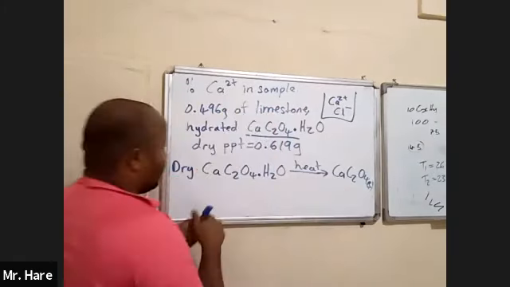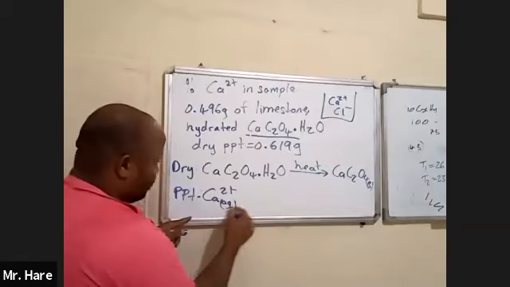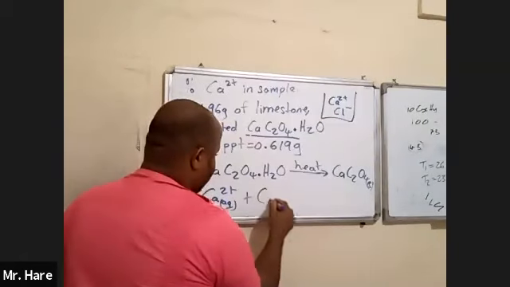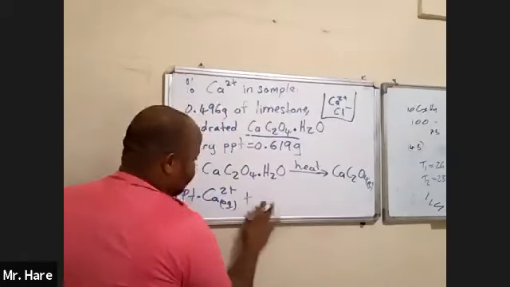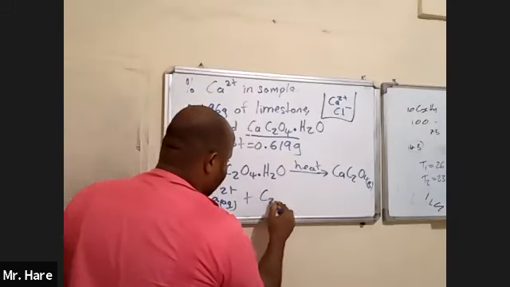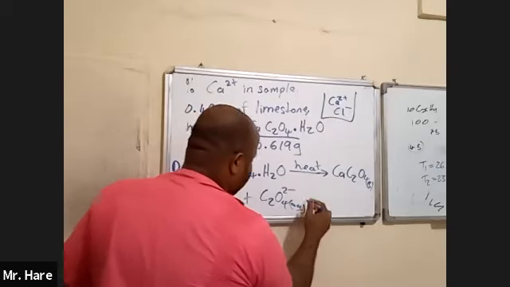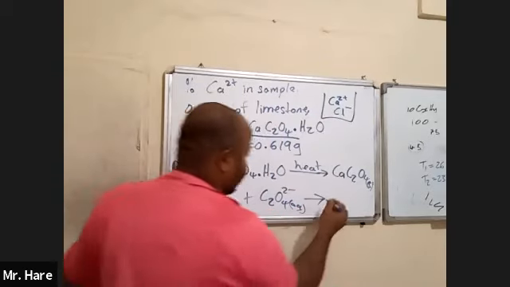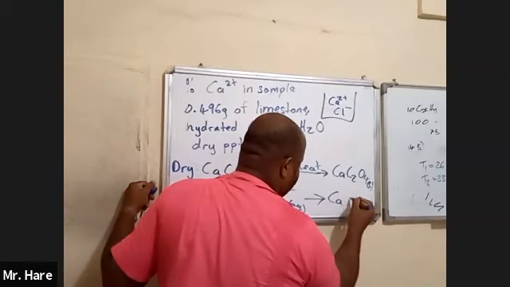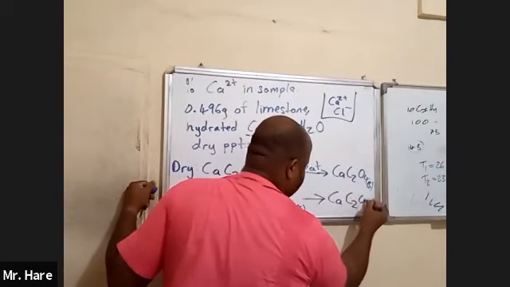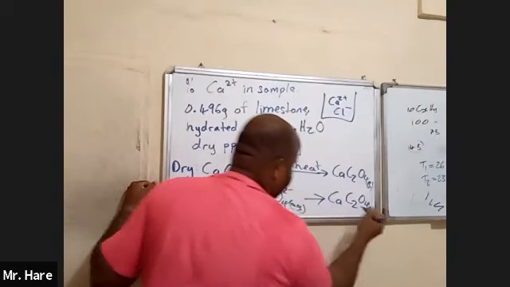So this now is the precipitation reaction. The calcium ions would have combined with the oxalate ion, which is C2O4 2-, and that is how you would have gotten a precipitate of calcium oxalate. All right.